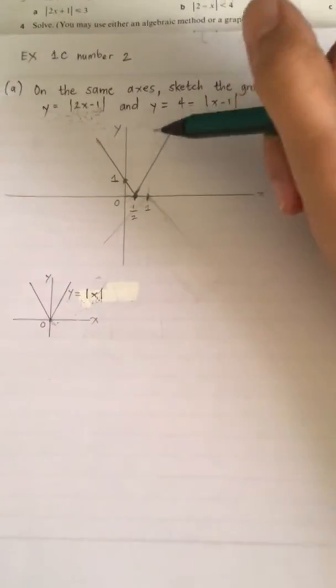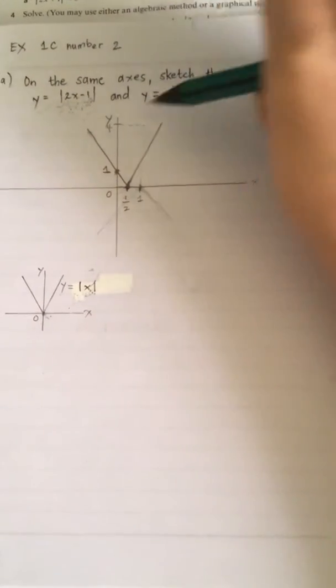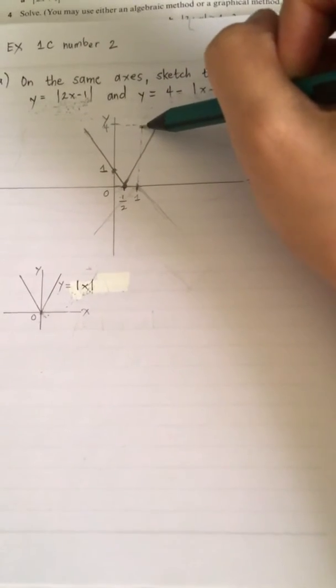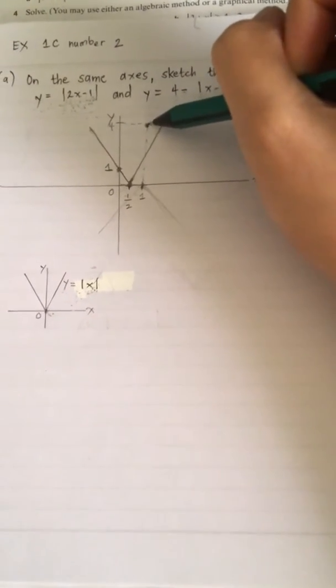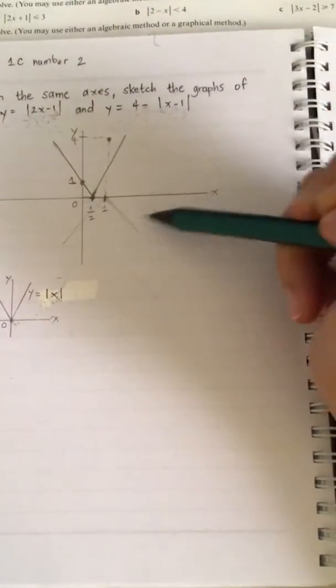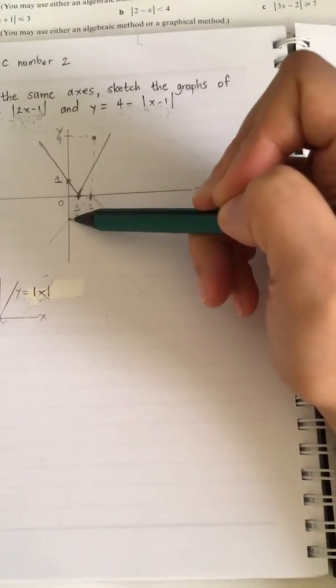Let's say 4 is this. So the vertex will be here, and we will have a V down here, maintaining this shape.